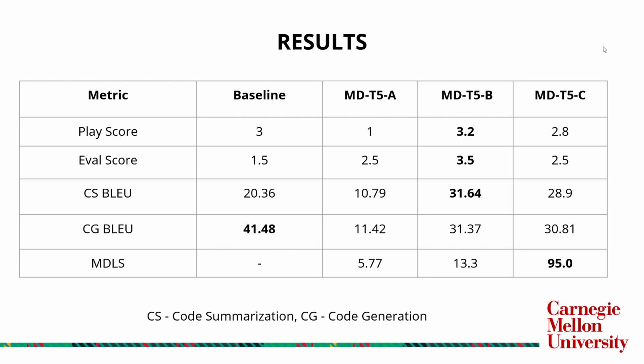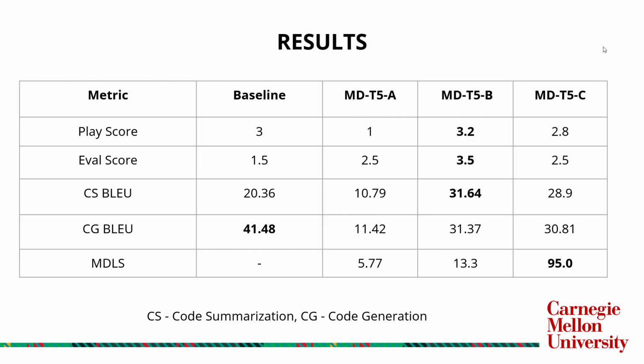Here are our results. Across the 4 tasks and 4 metrics that we have, we see that our MDT5B model outperforms the baseline 3 out of 4 times. On code generation, where the model could not match the baseline, we predict that this is because code generation is a very difficult task and will require much more training for us to achieve comparable results.